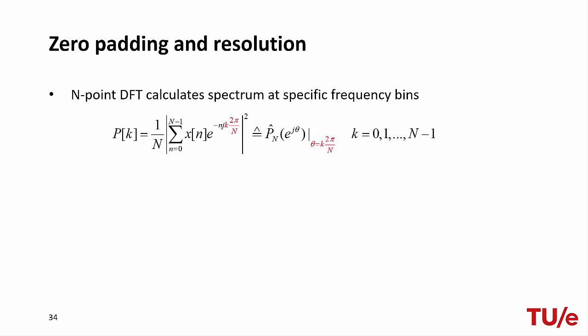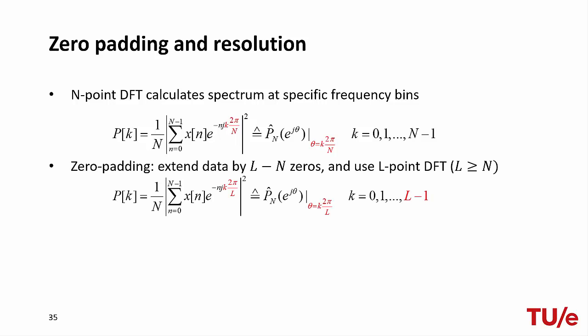Before concluding this screencast, we quickly review the effects of zero padding on the spectral estimate. When we use the N-point DFT, we obtain a spectral estimate that is defined on N discrete frequency bins. When we apply zero padding, we virtually extend the signal length by adding zeros.